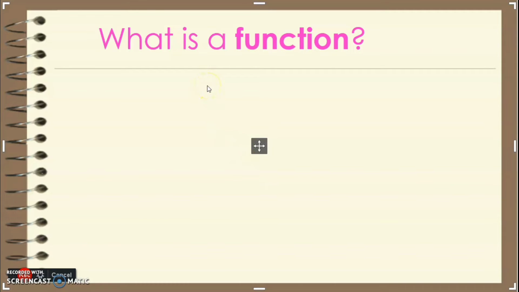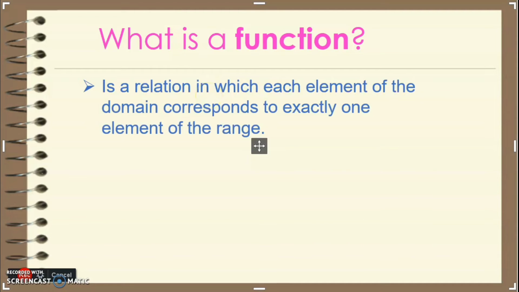So, tapos na tayo nag-discuss ng relations. Dito na naman tayo sa functions. What is a function? It is a relation in which each element of the domain corresponds to exactly one element of the range. So, ibig sabihin, itong function ay ang type ng relation ay one-to-one.